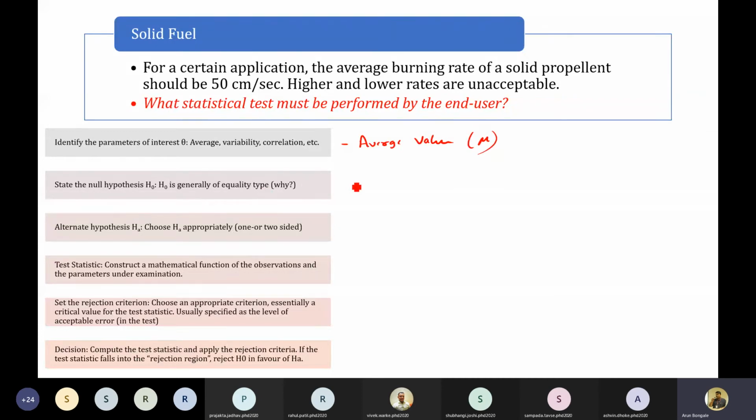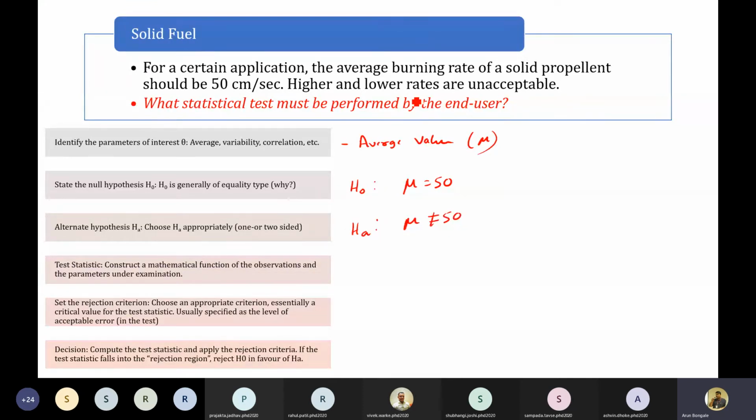Then I need to frame the null hypothesis and the alternate hypothesis. We already discussed this. The null hypothesis is mu is equal to 50, because the null hypothesis should always have the equality sign. So I am making it equal to 50. Then the alternate hypothesis should be mu is not equal to 50.